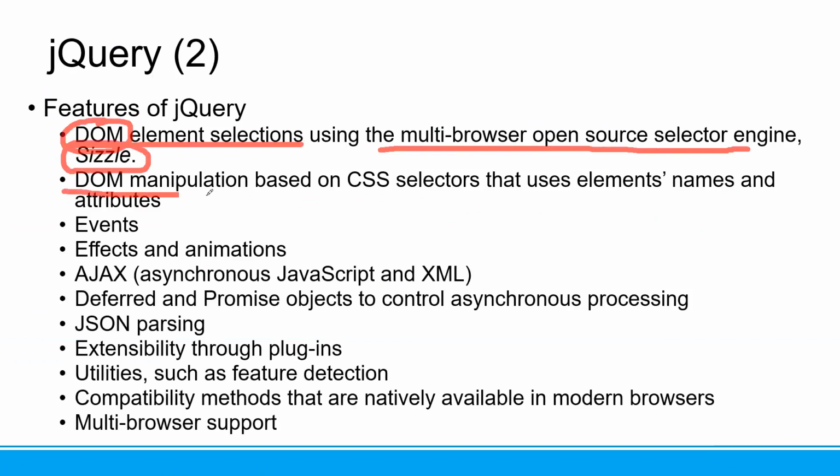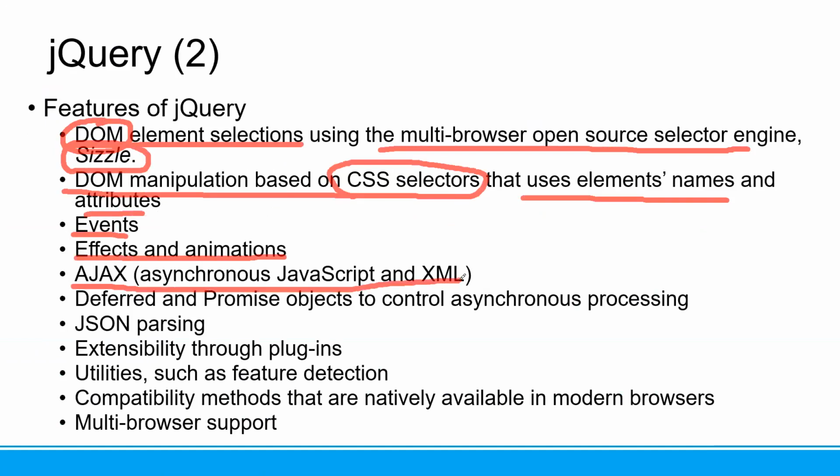And the DOM manipulation based on the CSS selectors that use element names and attributes. We will also look at this one. Events. So in jQuery, there will be some kind of events and also effects and animation. So you can design the animation with jQuery.